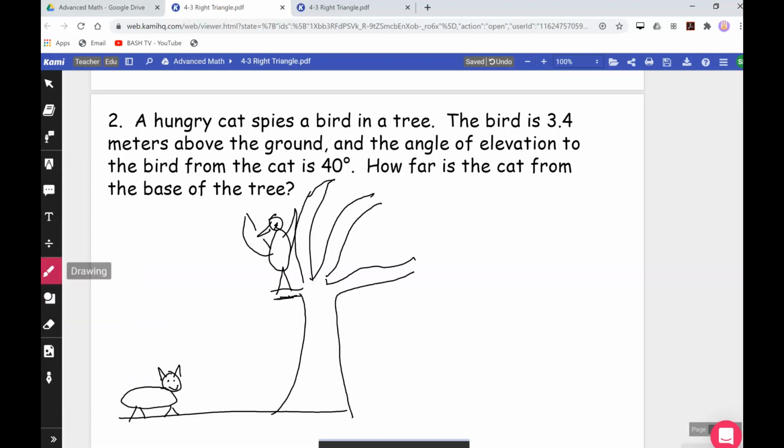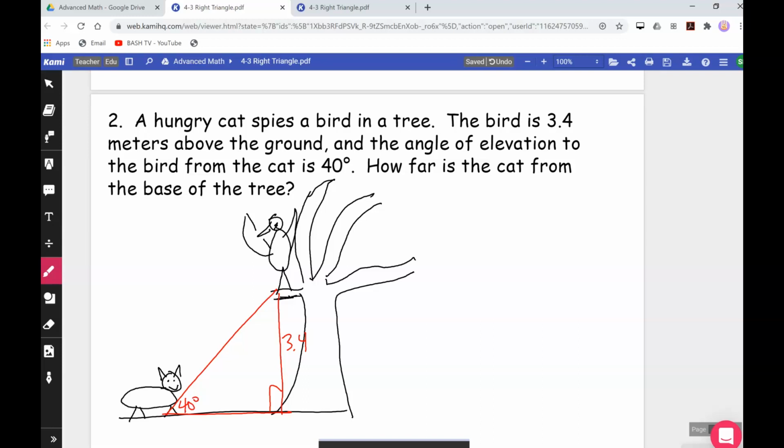And let's see. So now what's important is to remember that there's a right triangle involved every time. So here is my right triangle. Okay, right angle. And now let's put the information in. The bird is 3.4 meters above the ground. So there. Okay, the angle of elevation to the bird from the cat is 40 degrees.